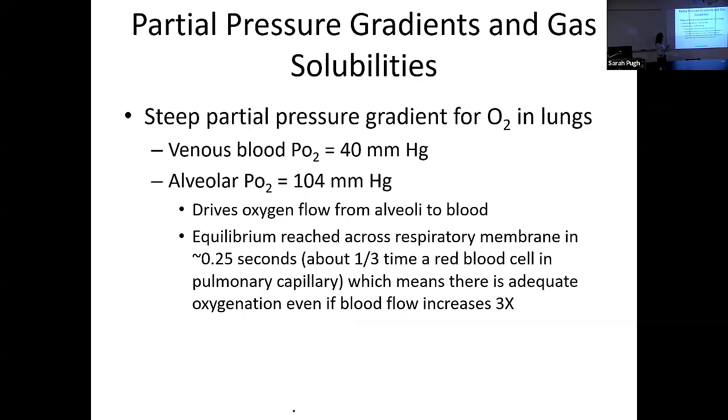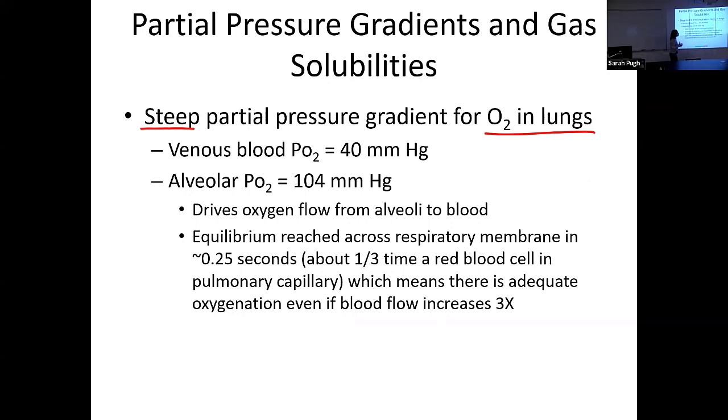So the second thing that will influence external respiration, so gas exchange at the lungs, is partial pressure gradients for these gases. So a partial pressure gradient, typically what we'll find is that it's very steep for oxygen.